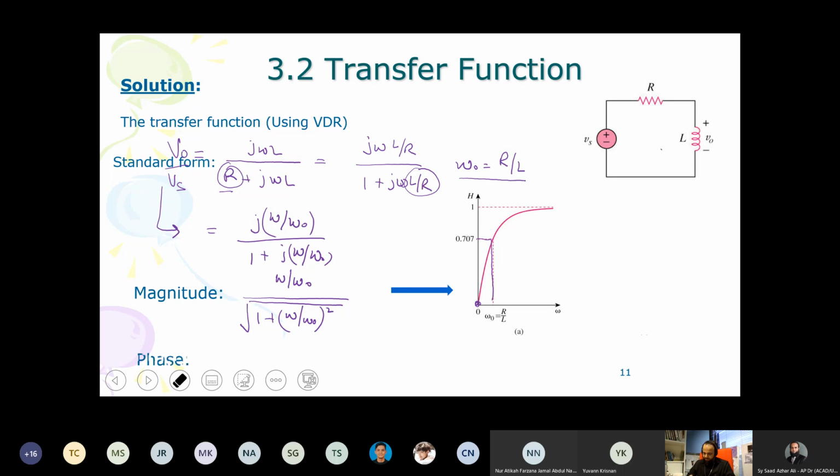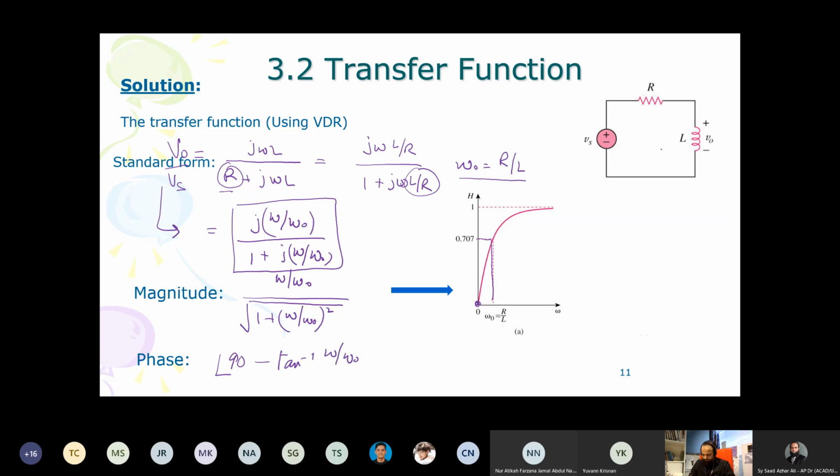And for phase, once again look at this expression, j omega upon omega naught. It's just imaginary. If you remember, if it's just j, the angle is 90, so the numerator has angle 90, and the denominator is tan inverse of omega upon omega naught.